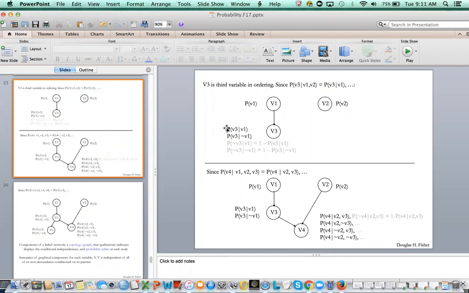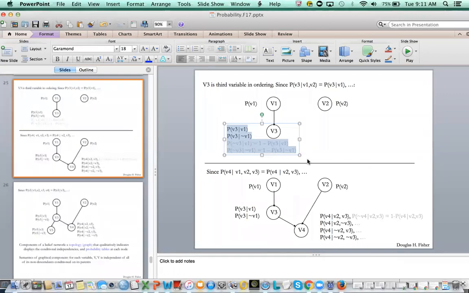And you'll notice here that I do have to represent conditional probabilities, but fortunately, these conditional probabilities involve the 2 different values of V3, but they don't involve all possible patterns of V1 and V2 values. It's only V1 values that I have to look at.